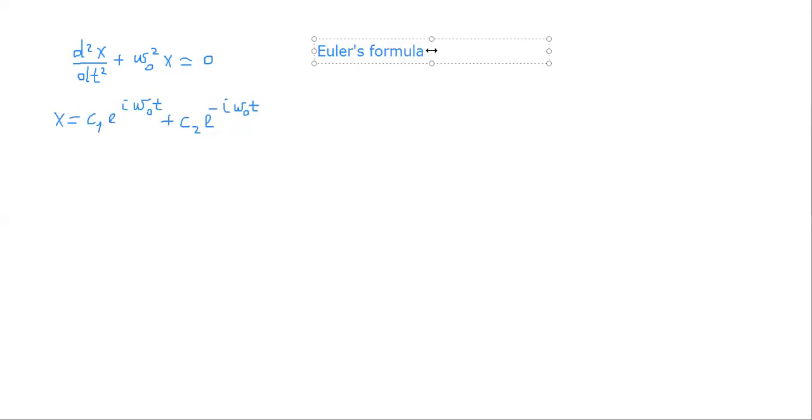It is from calculus. According to this formula, e to the power of I phi is equal to cosine phi plus I sinus phi.